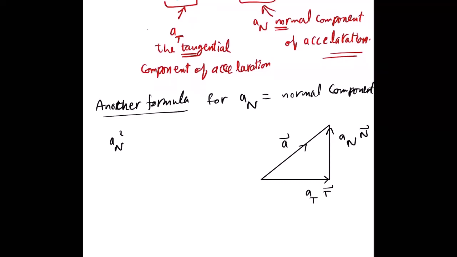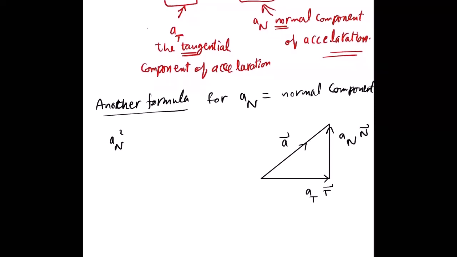So sorry. Triangle of vectors: the tangential component of A plus the normal component of A gives you the whole vector A, as usual when we resolve vectors.